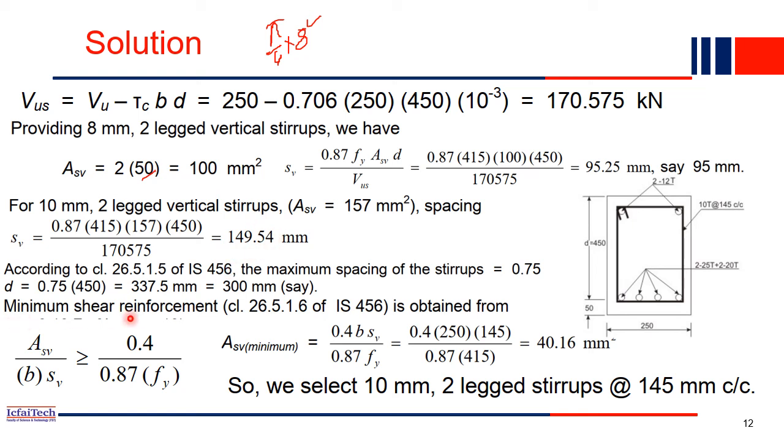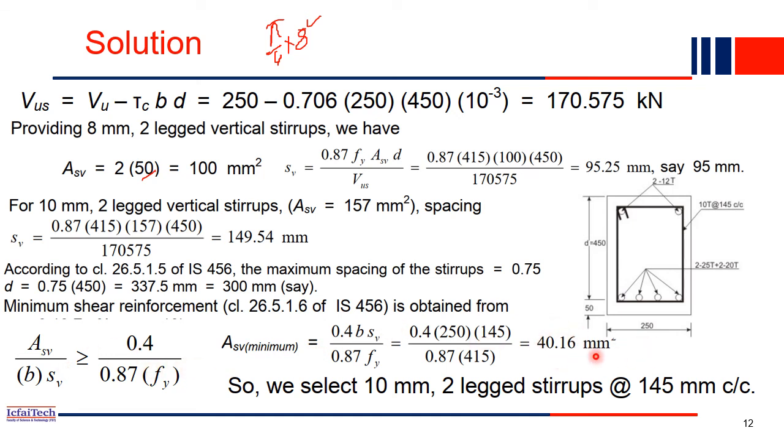Now we have to check the minimum shear reinforcement, whether we are covering the minimum reinforcement or not. In the relevant clause you will get this formula, and we have discussed it in the past slides. Using this formula, you can compute the minimum shear reinforcement. If you plug in all the values, it comes out to be 40.16 mm square.